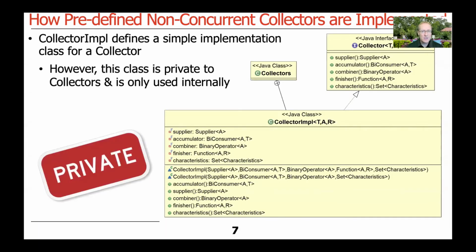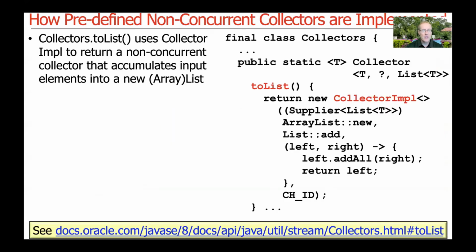This class is private to the JDK. It's not something you can get access to as an application developer. It's only intended to be used internally by the Java class library implementations themselves to make the different kinds of collectors for different common collection types.